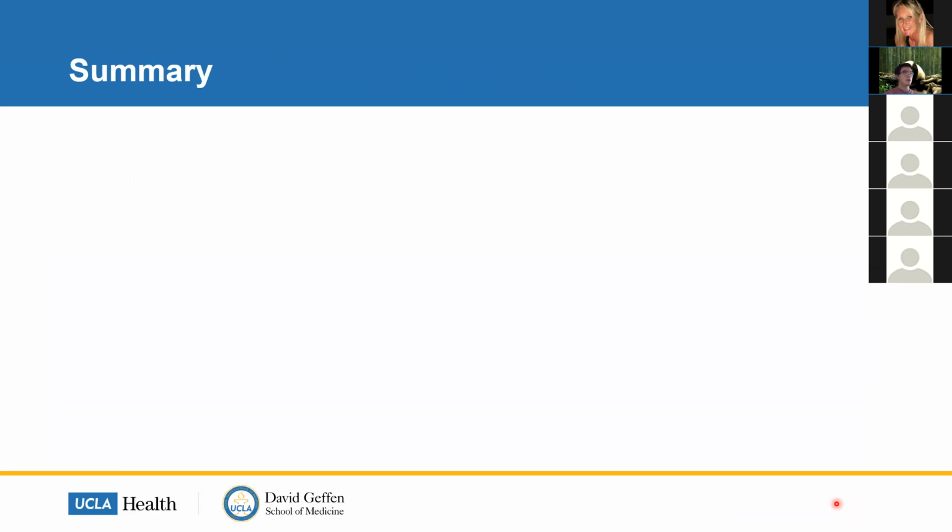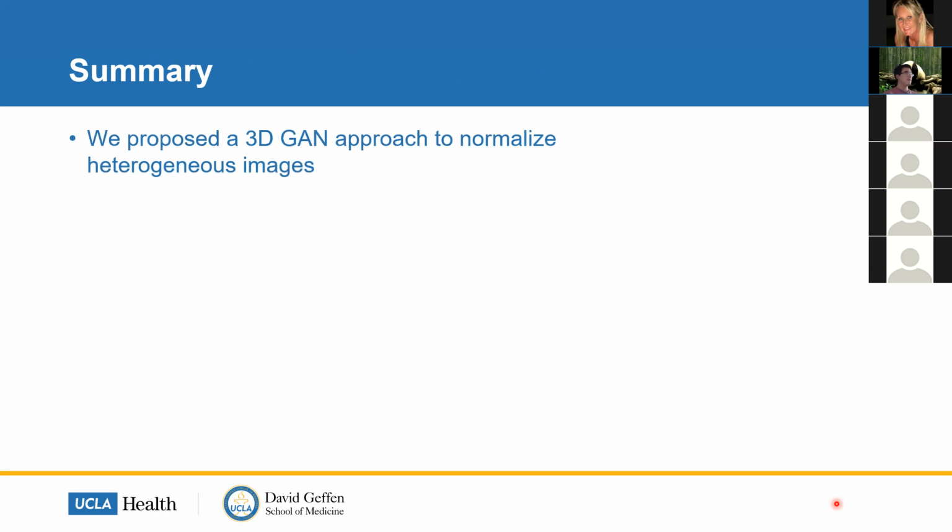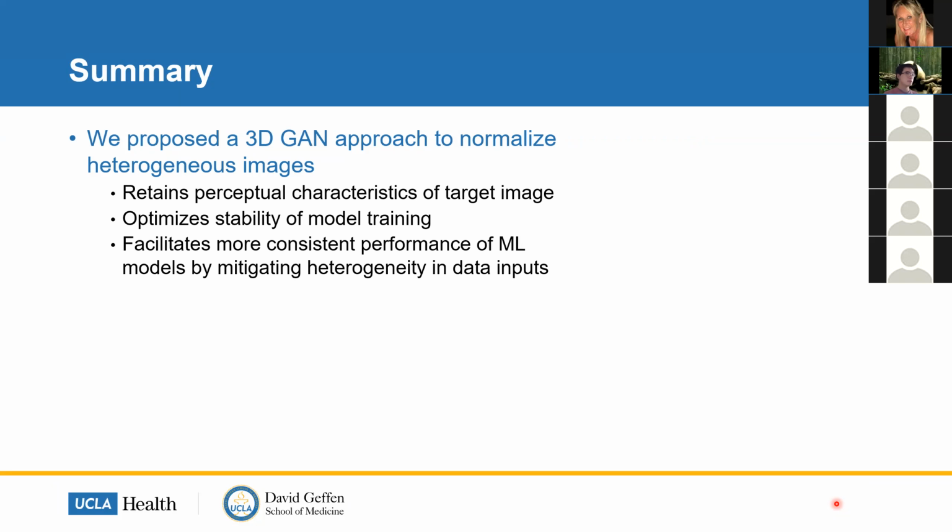So in summary, in this work, we propose a 3D GAN approach to normalize heterogeneous images. It retains the perceptual characteristics of the target image, or the reference. We also optimize the model training, making it more stable and easier to train.